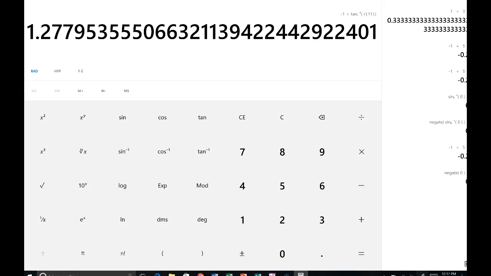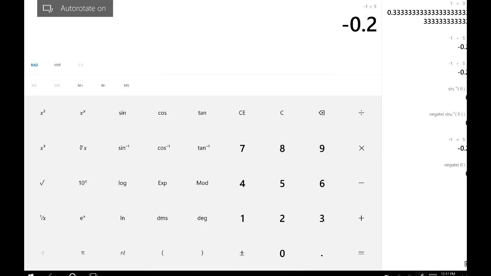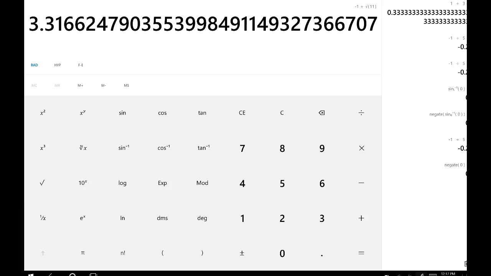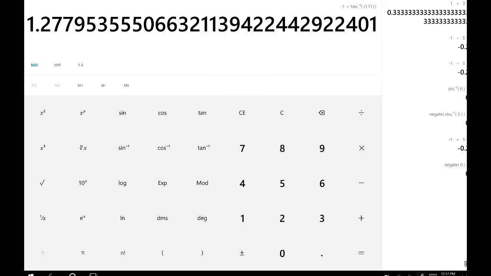It comes out to be 1.28. Uh-oh, what did I do? Okay, that was not supposed to happen. Let's try that one more time. Oops, that's not a 1. 1 divided by square root of 11, so that's negative 1 divided by square root 11. Then I need to take the tangent inverse.